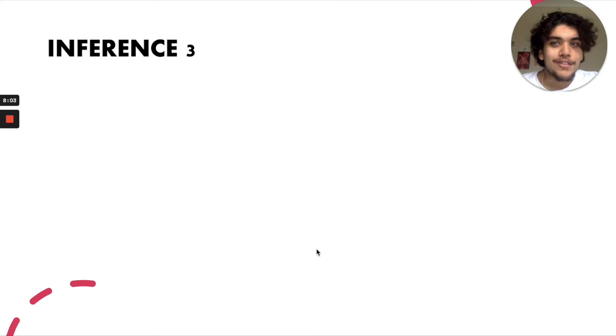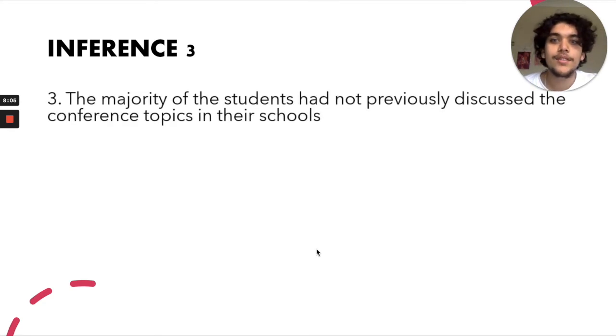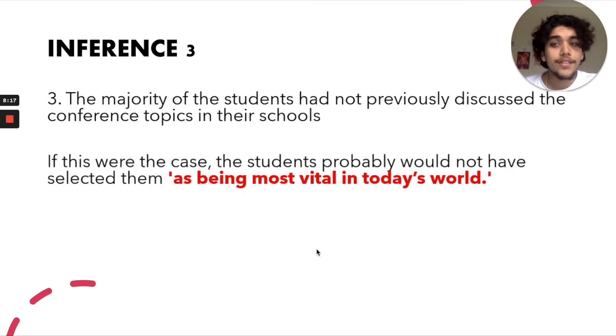The third type of inference. The majority of the students had not previously discussed the conference topics in their school. If this were the case, the students probably would not have selected them as being the most vital in today's world. So you can see that in this inference, you're leaning towards a certain thought.